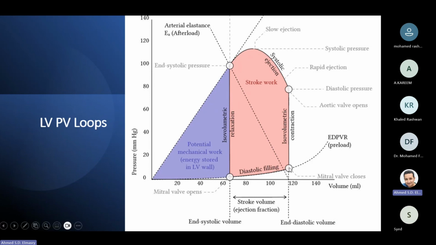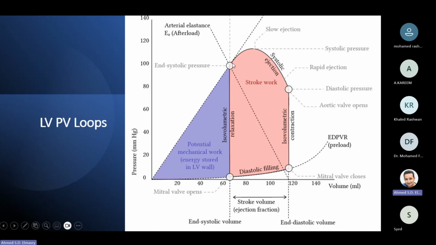So you will notice no change in the volume, but the pressure will be increased from this point till this point. At this point, the aortic valve will start the opening and the heart will start the ejection systolic phase, where the pressure will reach the maximum, which is the peak systolic pressure.